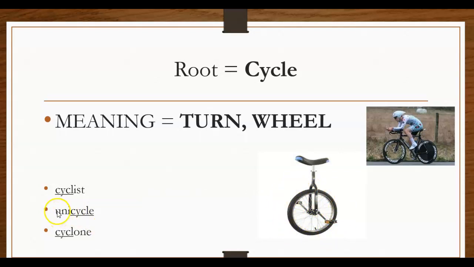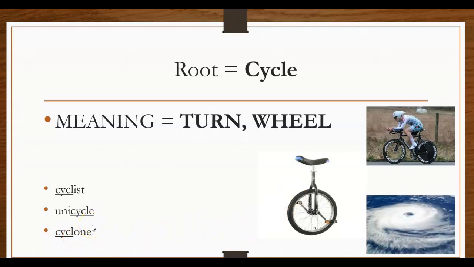It's right there in the name, one wheel, unicycle. Or a cyclone. A cyclone is a storm that turns. Again, you can almost see that wheel-like shape there. So again, if you see cycle in a word, chances are it's connected to turning or wheels.